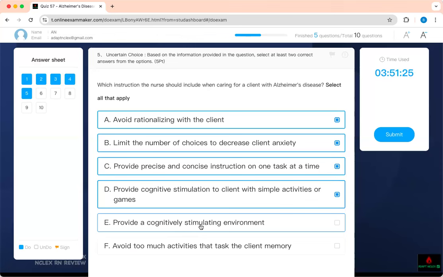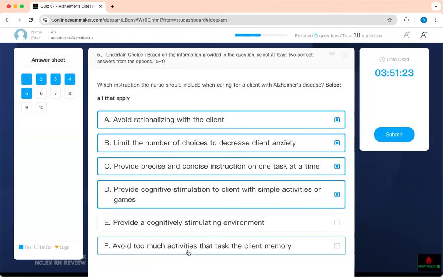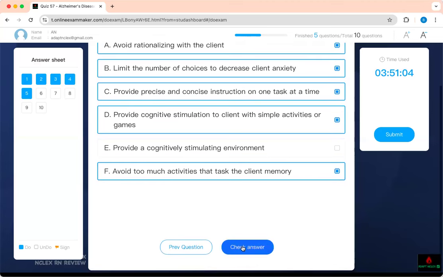So E is wrong. Avoid too many activities that tax the client's memory. You see what I did? D, E, and F, I put them there so that I can help you understand this concept. You can improve the memory, but not tax it too much. That's why you should not give them too stimulating an environment. Does that make sense?